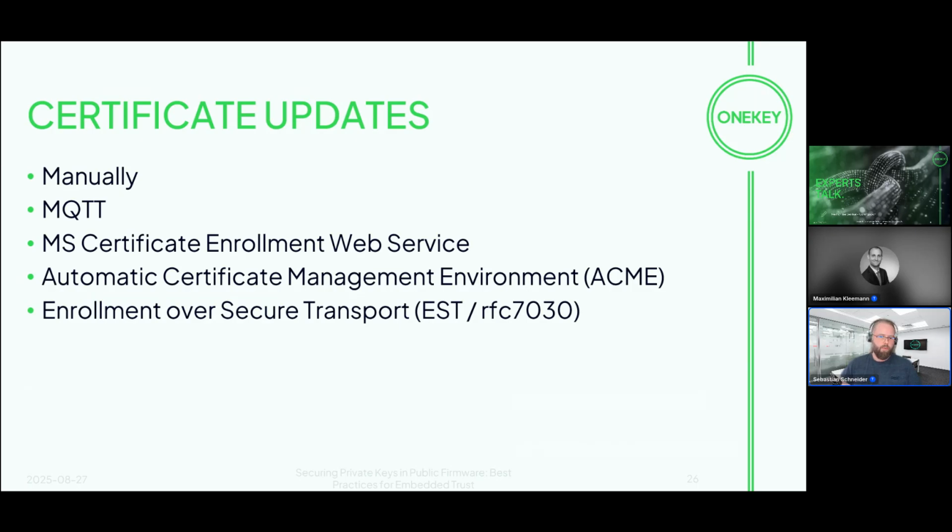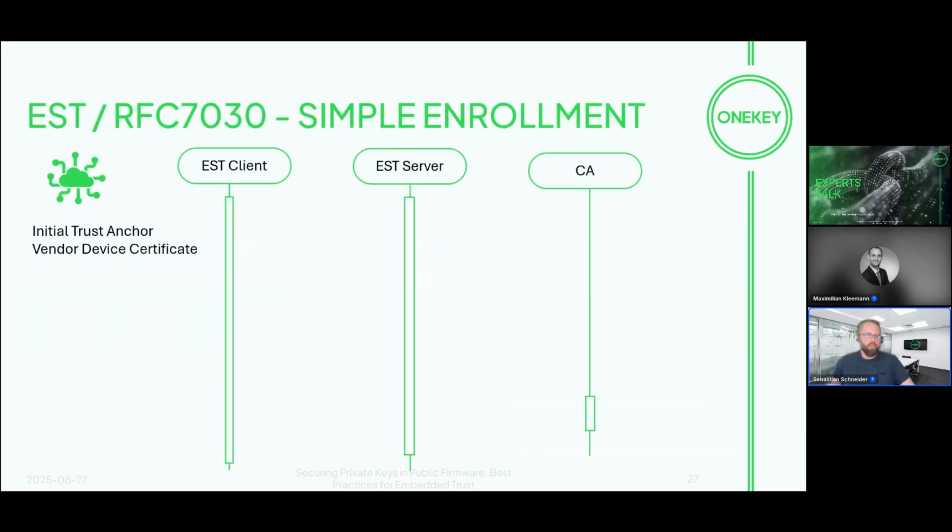But today we want to look into enrollment over secure transport, which is also defined in the RFC 7030, because I think it is a quite neat protocol for certificate updates and also bootstrapping. So let's jump into it.